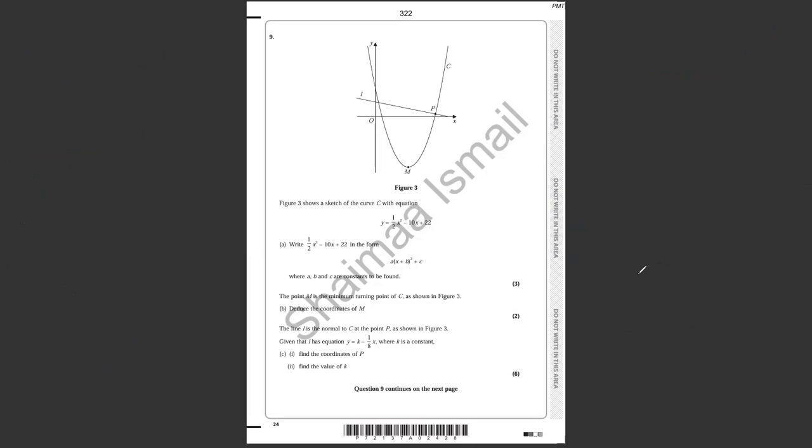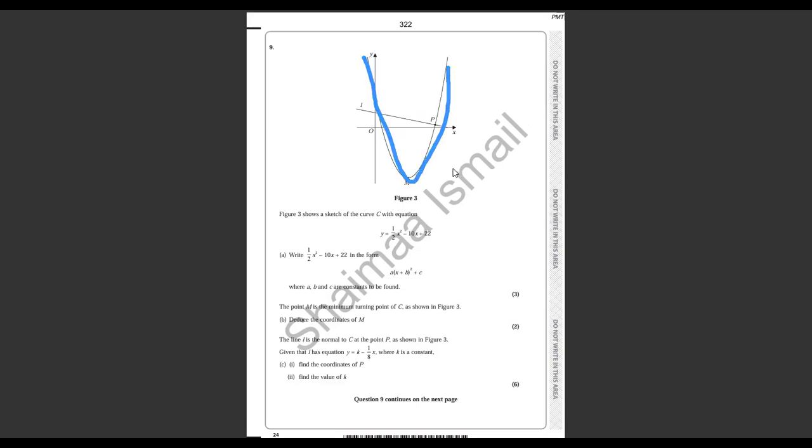Question number 9. Here the figure shows a curve with an equation of half x squared minus 10x plus 22. You need to write it in the form a(x plus b) squared plus c, which is completing the square.